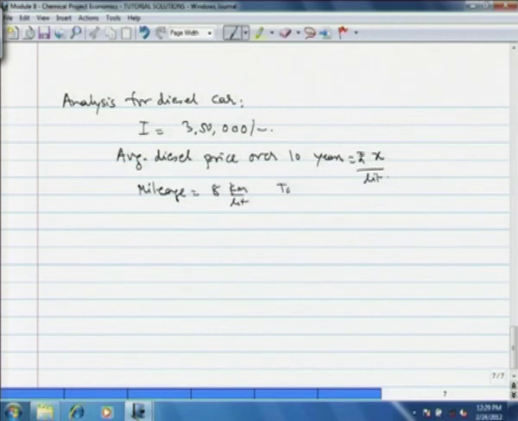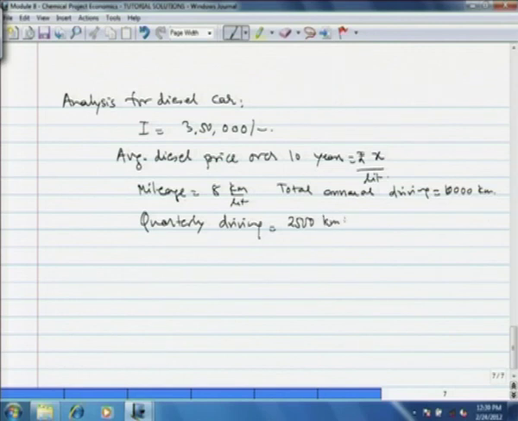Total annual driving is 10,000 km. So, quarterly driving is 2,500 km. Total diesel required per quarter is 2,500 divided by 8, that is 312.5 liters.